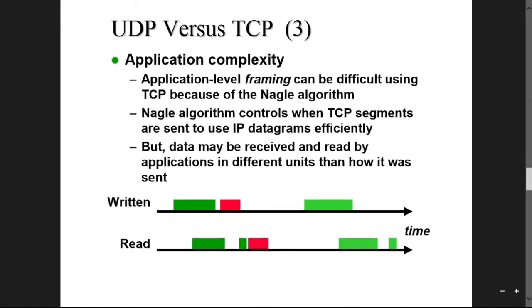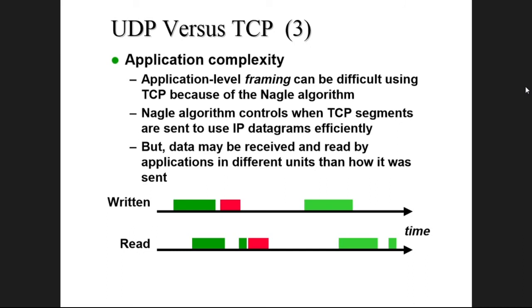We can write the data in this manner, this is the writing pattern, but the reading pattern can be different. So there is application complexity in the case of TCP, but in the case of UDP the complexity is very low, because the data is received and can be read in a different manner also.